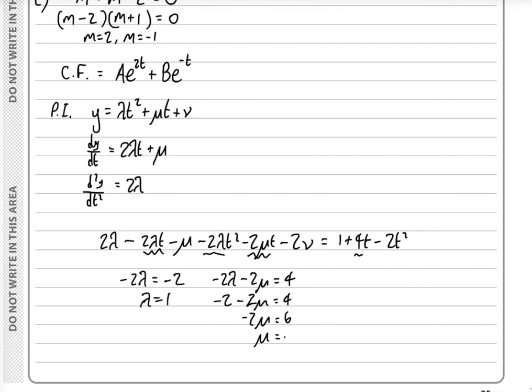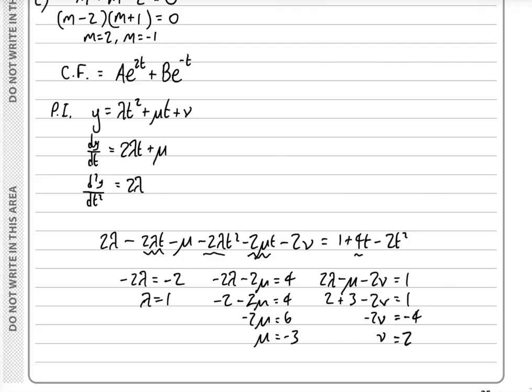That gives mu is equal to minus 3. Then the remaining terms, 2 lambda minus mu minus 2 nu has to equal 1. That's a 2 minus minus 3 minus 2 nu equals 1, so minus 4. So nu is equal to 2.